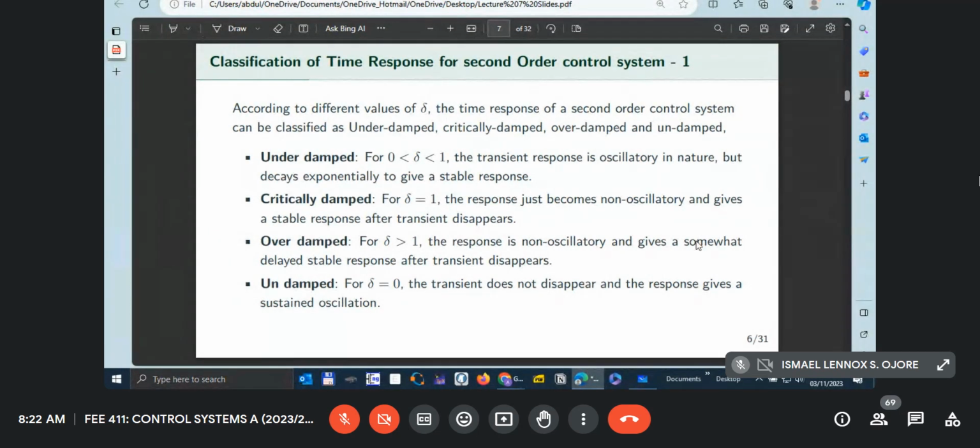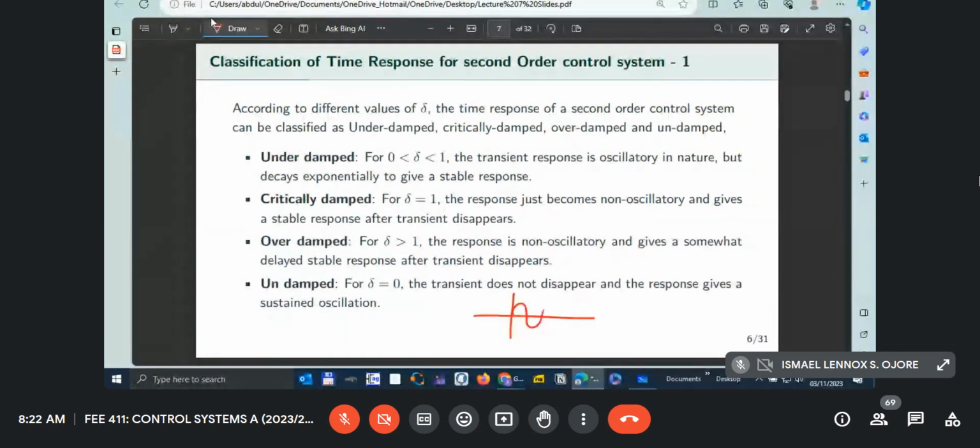And overdamped also, we don't have oscillation. That is when we have damping ratio greater than 1. And for delta equal to 0 is what we call an undamped system, and here we have sustained oscillation. So the system is throughout oscillating.